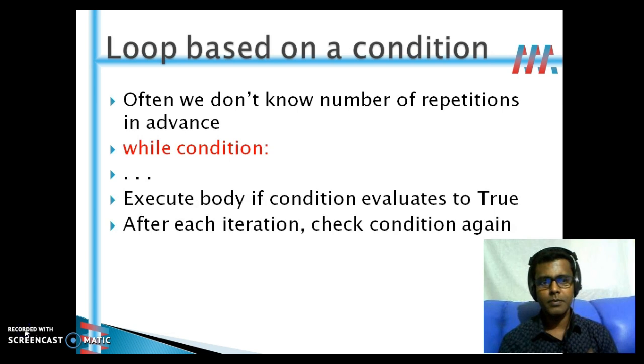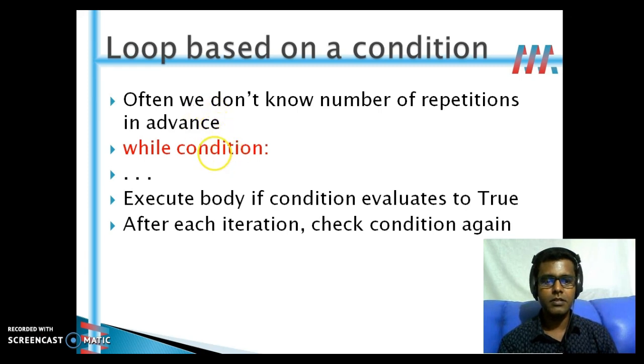The next statement we are going to see is the while condition. As I already told you, the while statement is used to repeat something until some condition is reached. The syntax goes like this: while, then you have a condition, then colon, and the next line is the body of the loop, which is indented.